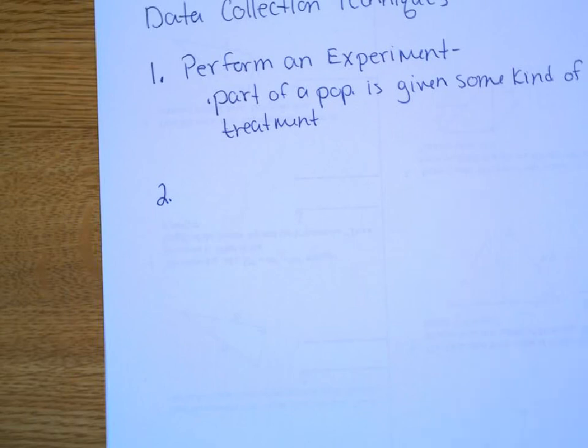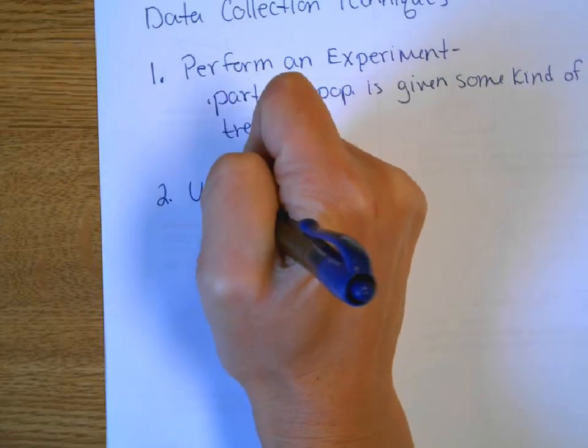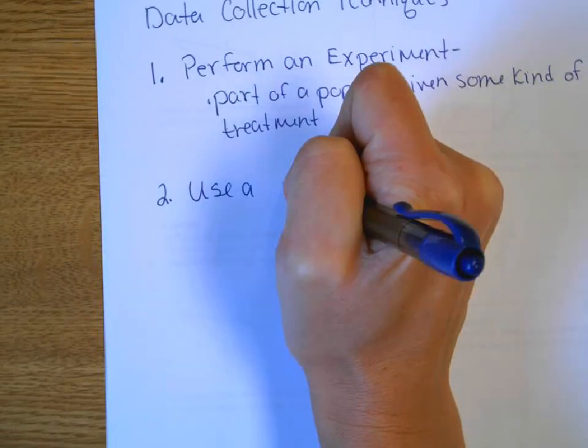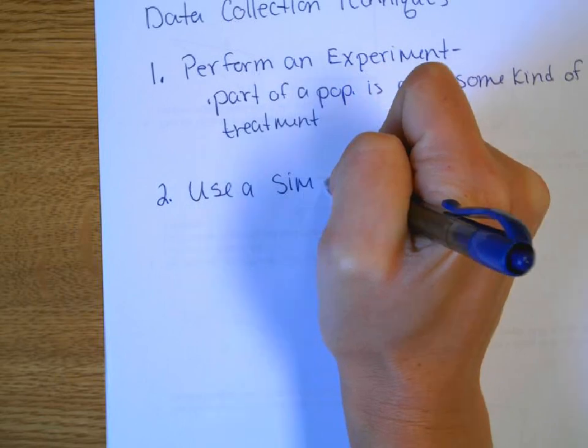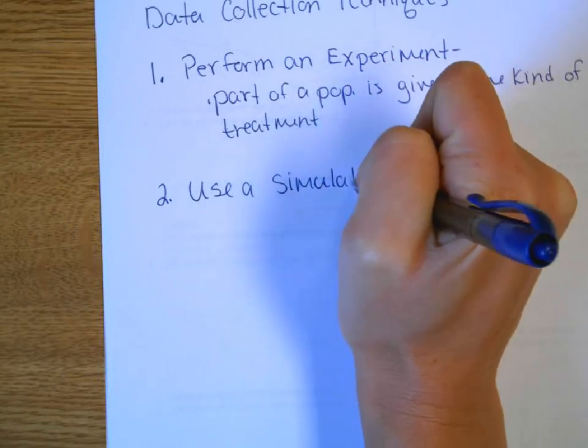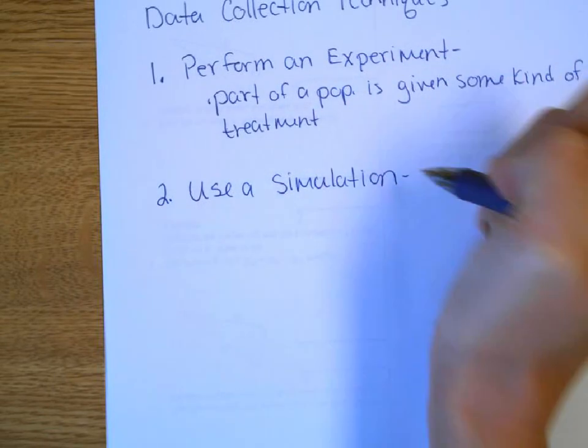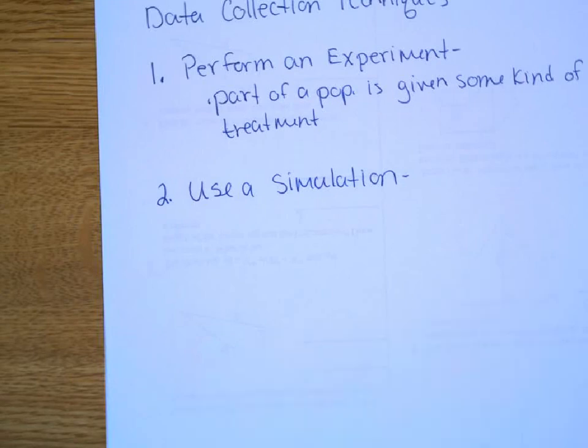He kept doing it and doing it because they only had so much power and all that. They put him in a simulator to simulate the conditions up there to get that airplane back. So, you can use a simulation to gather your data, and you do the simulation when the real experiment might be too dangerous or too expensive.